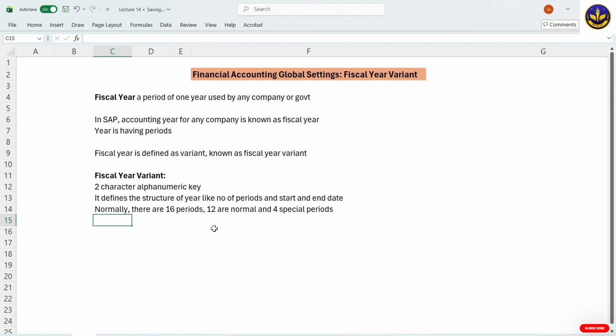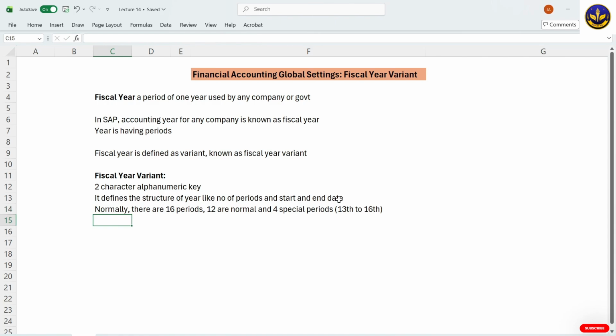You have to remember one thing here: the special period starts from the 13th. Up to the 12th we have the normal periods, and from the 13th the special periods start. So from 13th to 16th normally we define the special periods.